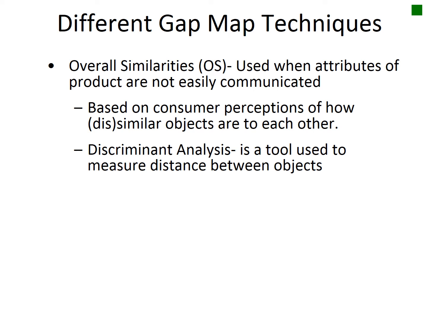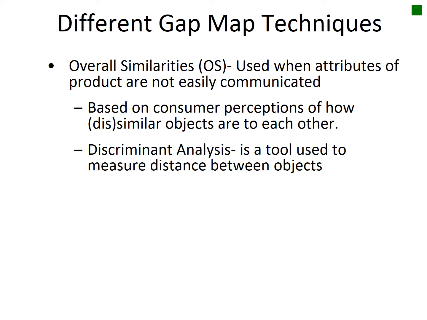So again, we're talking with consumers, we're having them fill out surveys, we're collecting data from consumers, and what we typically do is we ask them how similar or how different one brand is to another. And so similarities and differences are measured that way, rather than maybe specifically by an attribute.